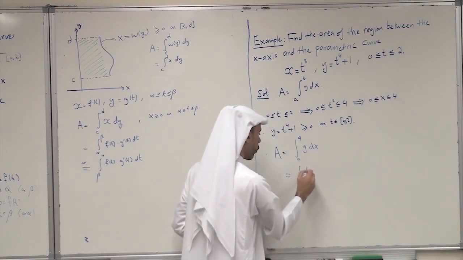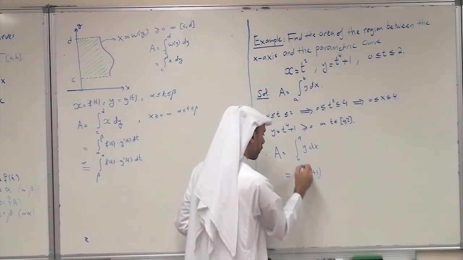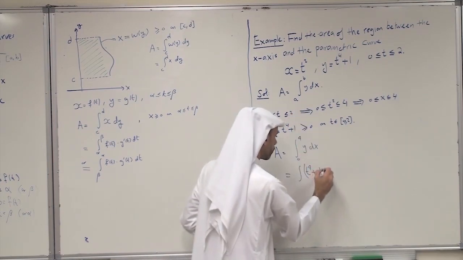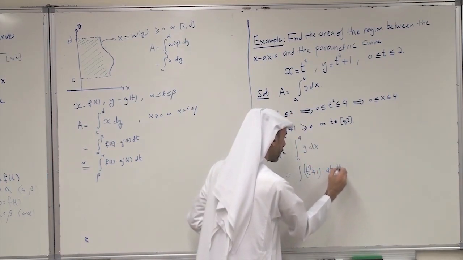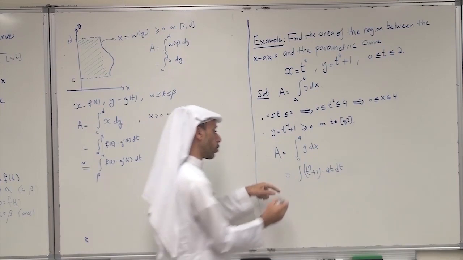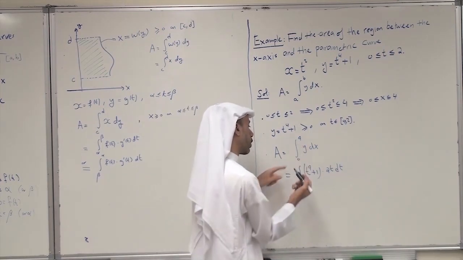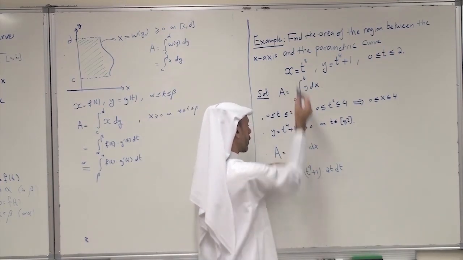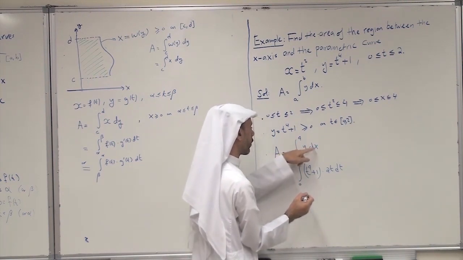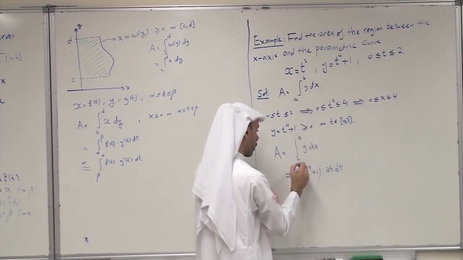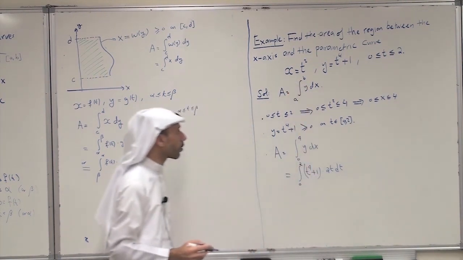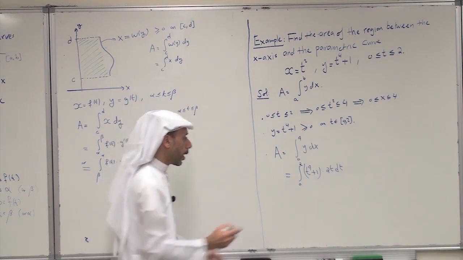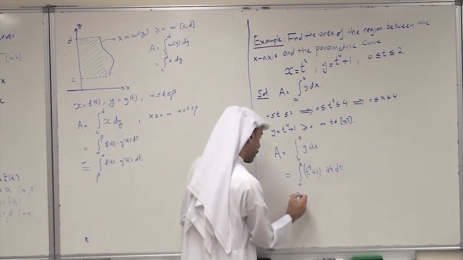y is t power 4 plus 1, dx is 2t dt, and the t interval will go from 0 to 2. If x equals 0, I get t equals 0. If x equals 4, I get t equals 2. Now we just integrate, so we can take the 2 outside.